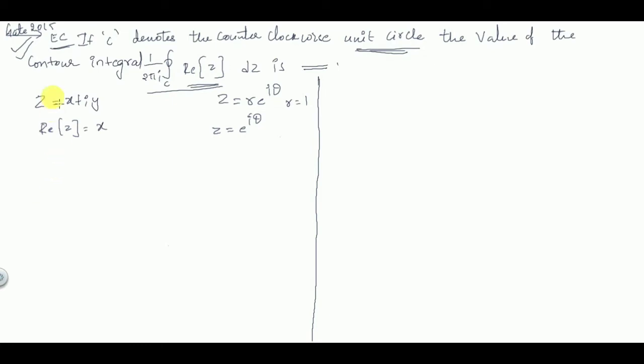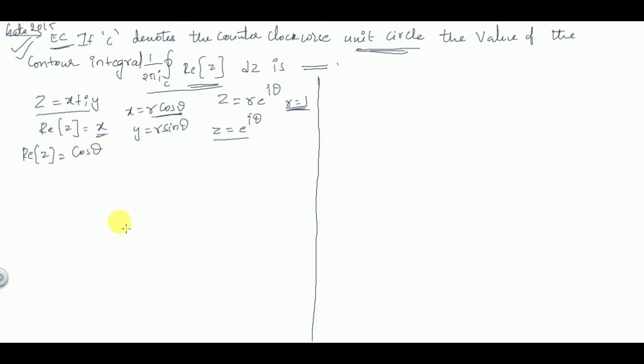We know the relation between polar and Cartesian form: x is equal to r cos theta, y is equal to r sin theta. Since the contour is a unit circle, r is equal to 1, so the real part of z becomes cos theta.